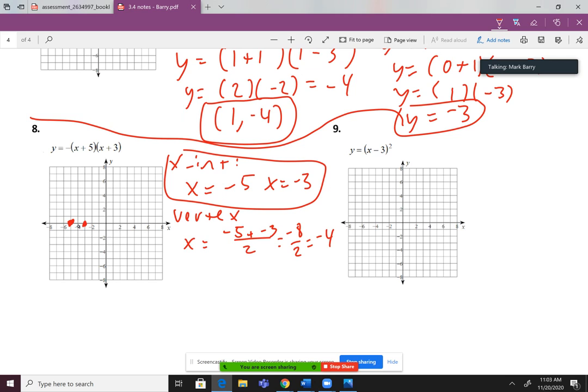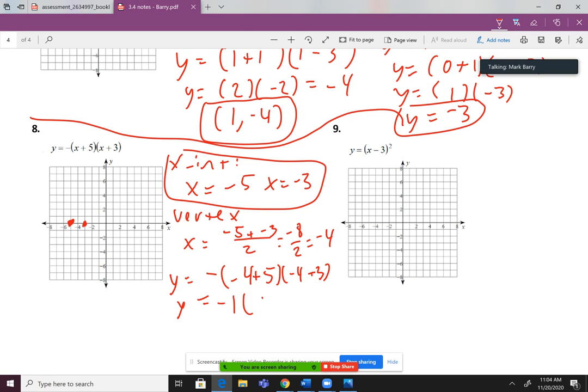All right, I have to plug that into the equation to find y. Now we got to be careful here because we have that negative out front, so I need to make sure I include that. All right. You should really think of that negative out front.